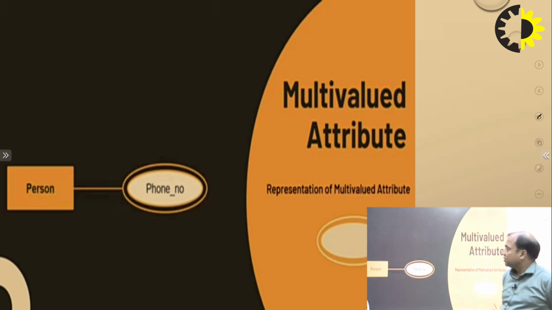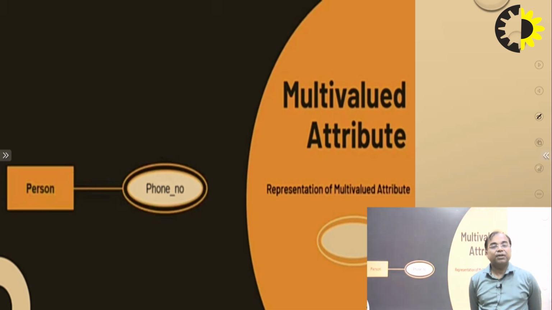That is how we denote a multi-valued attribute. So phone number is a multi-valued attribute because a person has multiple phone numbers.